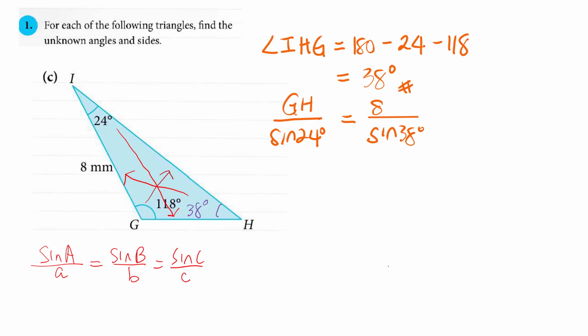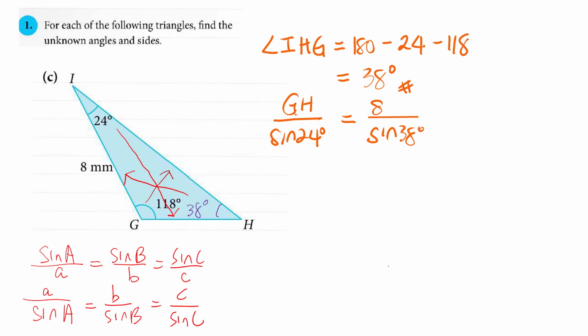But you can also do it the other way around, because we are just comparing ratios. It's possible to write side over sine of the angle, equals the other side over the sine of its angle. Because we're just comparing ratios, it's all right to do sine A over a or a over sine A.